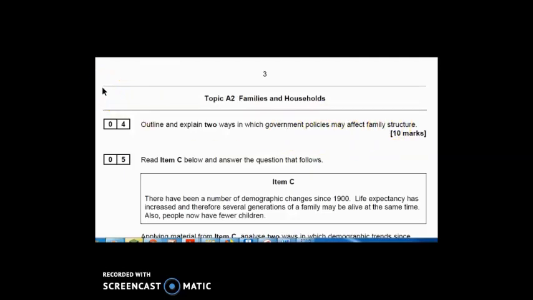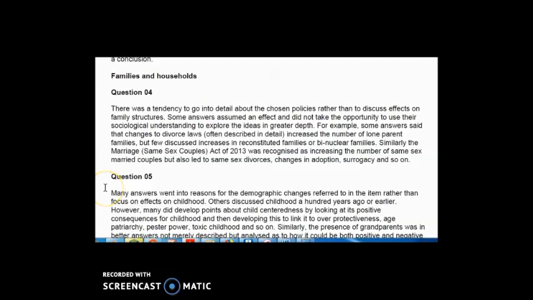So let's have a look at the examiner commentary just to get a bit of an idea about what was expected for this question. Here there was a tendency to go into detail about the chosen policy rather than to discuss the effect on family structure. Some answers assumed an effect and did not take the opportunity to use their sociological understanding to explore the ideas in depth.